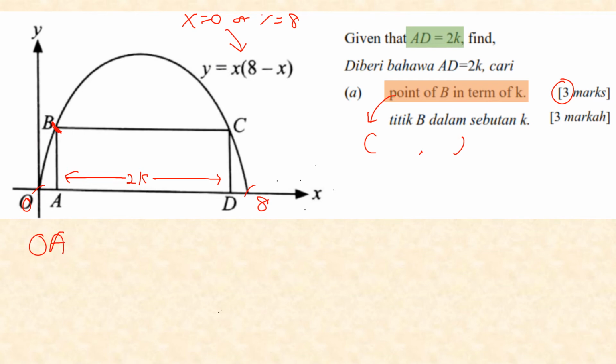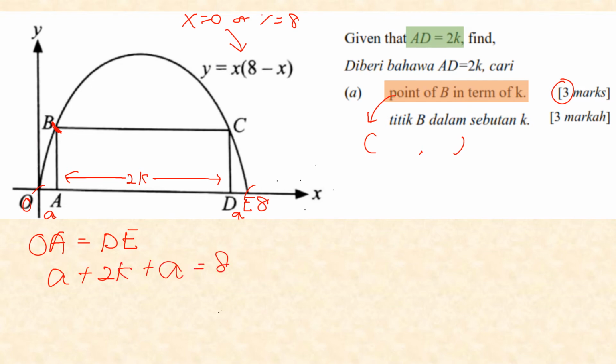By referring to the diagram, you should know that OA, let me put a point E here, so the distance OA is equal to DE. Let's label OA with a small letter, let's say it's a, and this is a as well. So a plus 2K plus a equals 8.